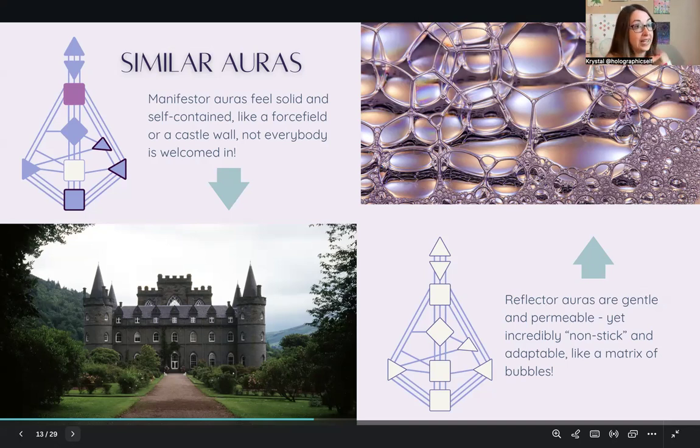They are more self-contained, whereas the projectors, the manifesting generators, and the generators are going to be more impacted by relationships and people and environment. So being in a place with lots of people, or being in intimate relationships, whether it's with the right people or the wrong people, there's big impact around that for those types, the generators, the mani-gens, and the projectors, especially the projectors.